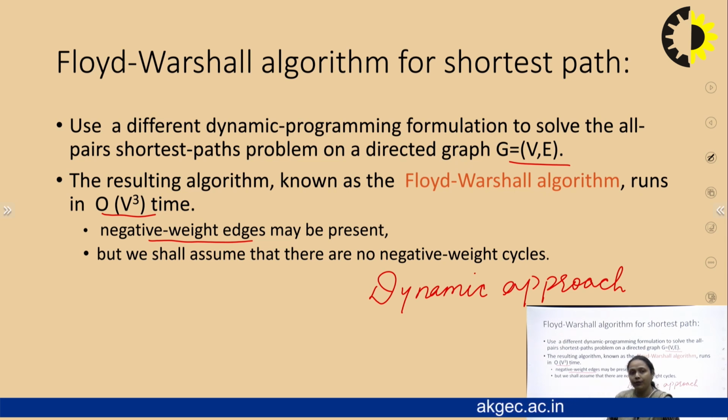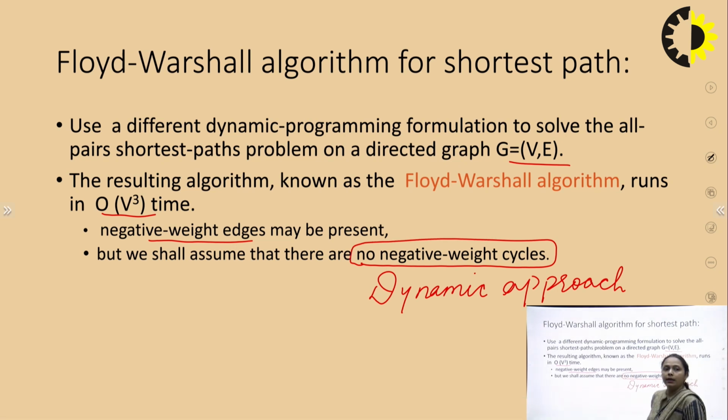Although negative weights can exist, a negative weight cycle cannot be present. So a graph which can have positive as well as negative weights can be considered for the Floyd Warshall algorithm, but one constraint is there, that there should not be any negative weight cycle. So this point is to be remembered.